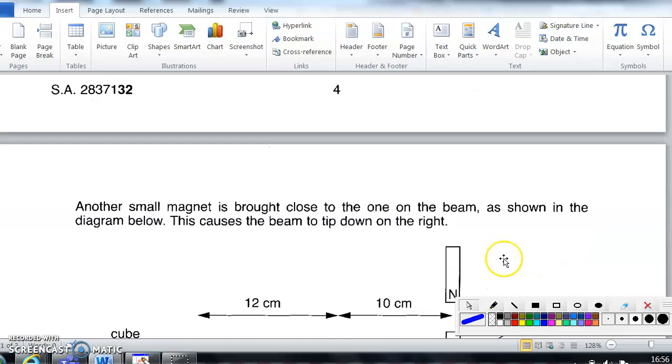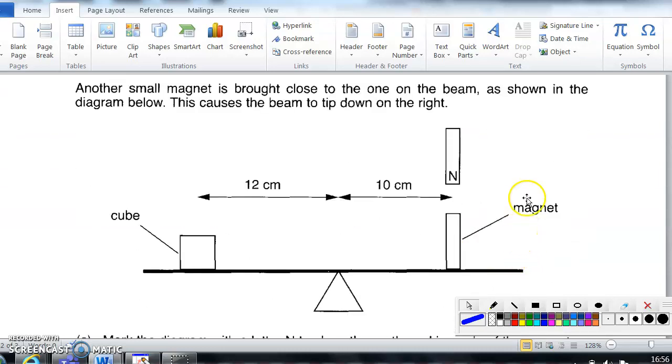Okay. Moving on to the next page, you can see we're introducing a bit of magnetism here as well. They like doing this at Common Entrance. They need to test you across the whole syllabus, so they can combine 2 topics in one. Another small magnet is brought close to the one on the beam, as shown in the diagram below. This causes the beam to tip down on the right.